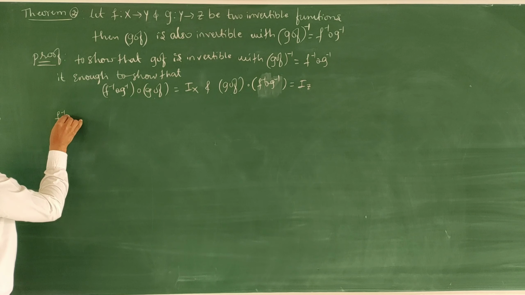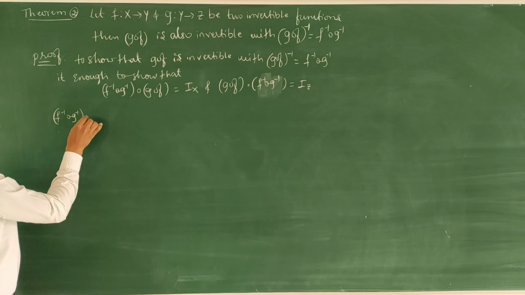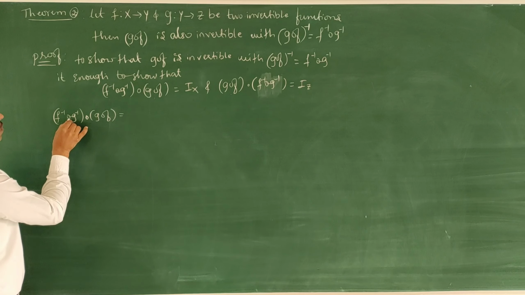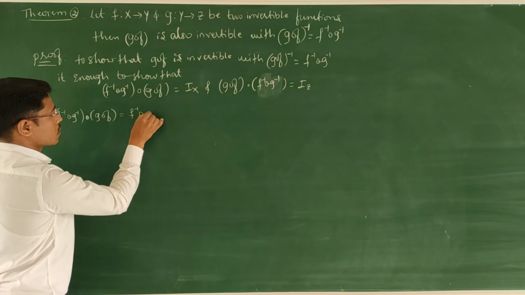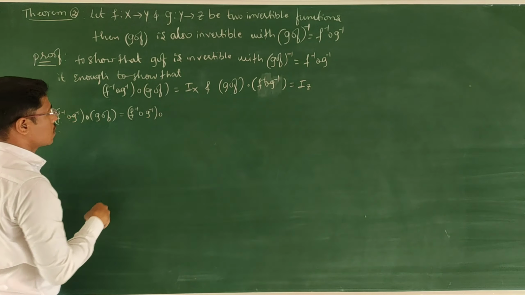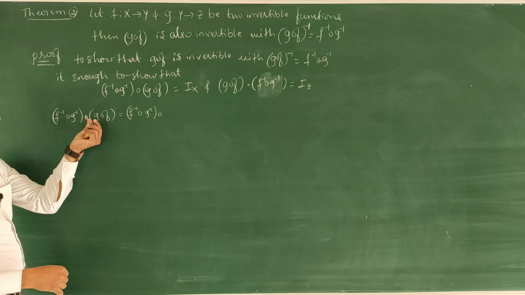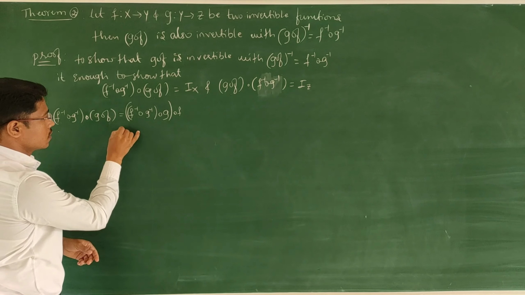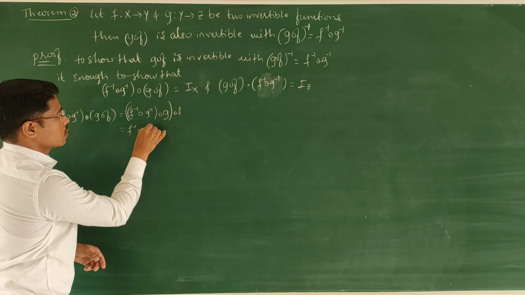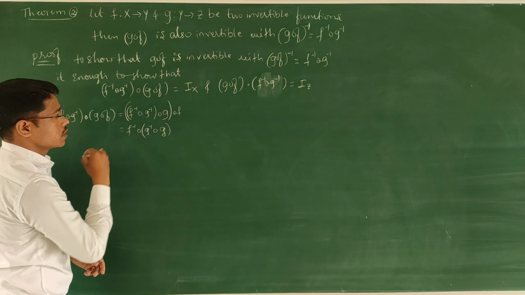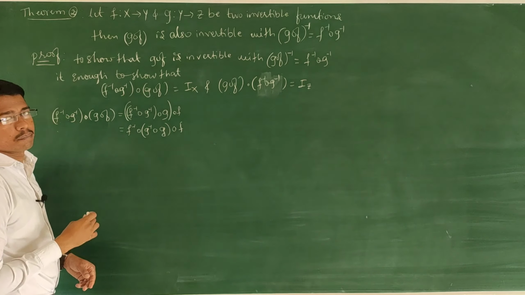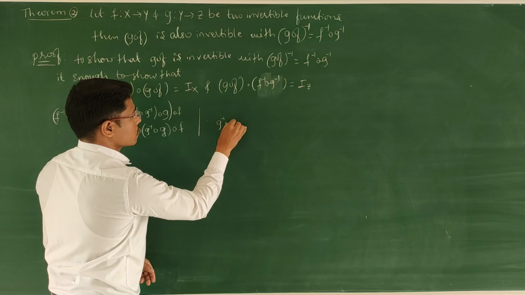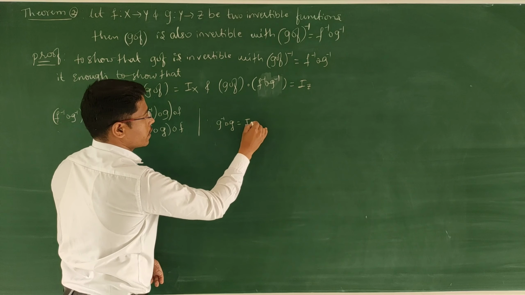So f inverse composition g inverse bracket composition g composition f is equal to f inverse composition g inverse composition g bracket composition f, taking g outside from this bracket. This is equal to f inverse composition g inverse composition g, make these two a group, and composition f. Here g inverse composition g means Iz.